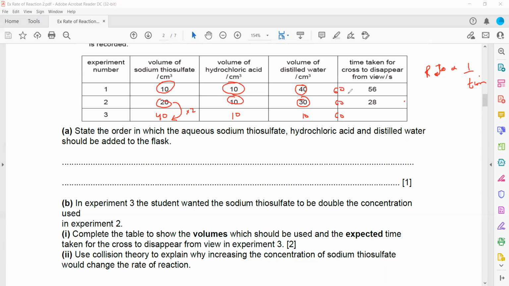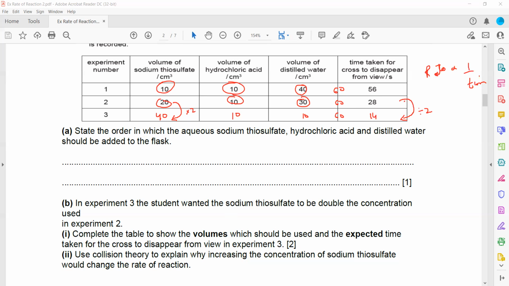But if you use 40 cm cube of thiosulfate, double the volume, the reaction will be faster and the cross will disappear in a shorter time. If the concentration is double, the time will be half. So if it was taking 28 seconds, half of 28 seconds will be 14 seconds.